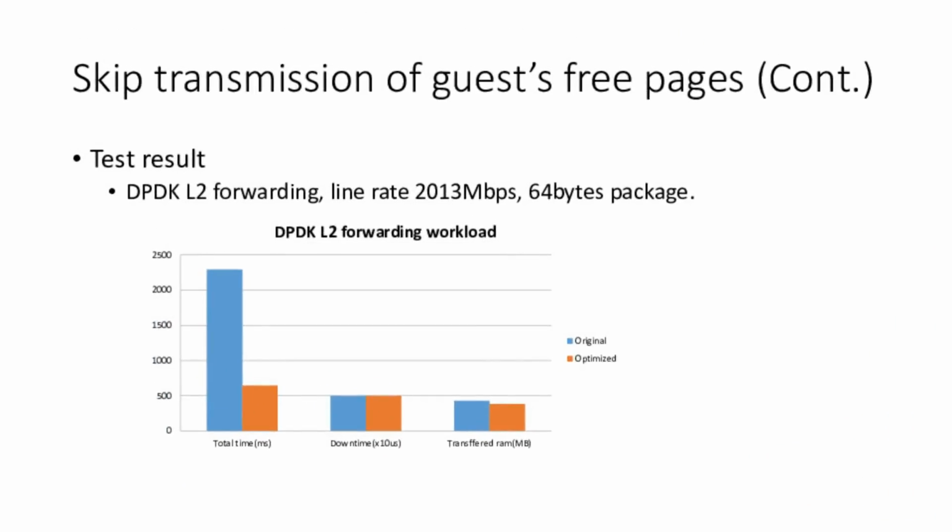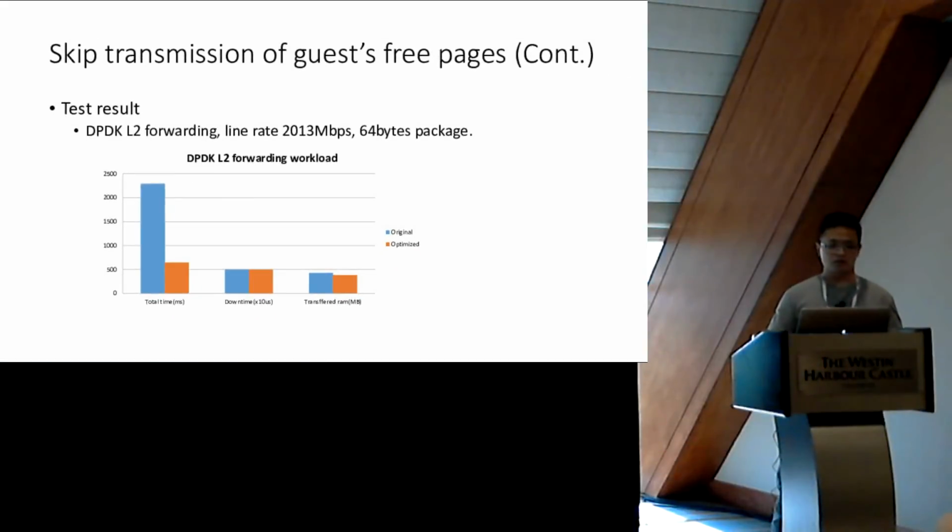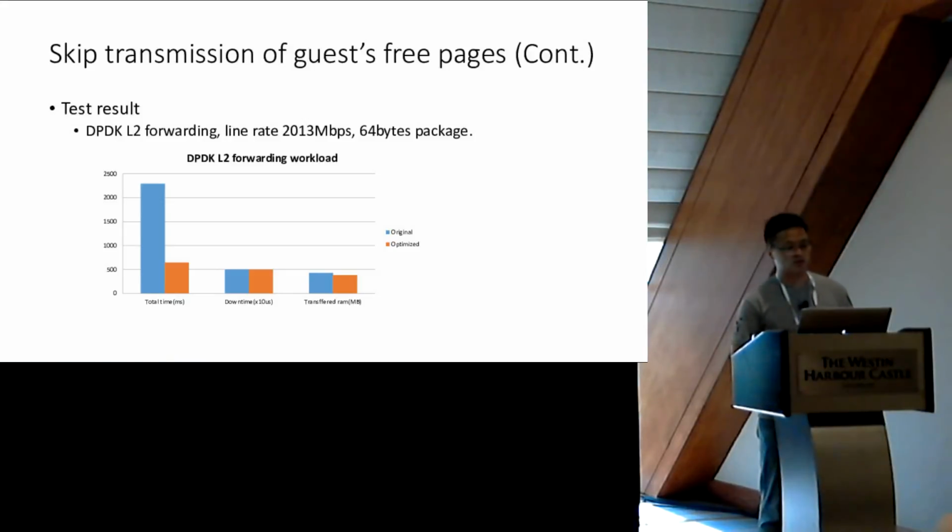This is the normal case where we use DPDK L2 forwarding to do the performance test during live migration, and we use 64-byte packets to do the benchmark. We can see the total time of live migration is reduced.